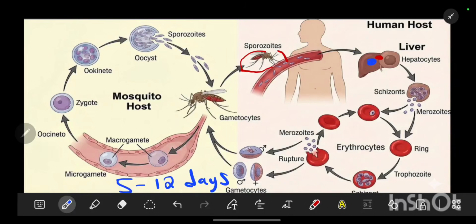So in 5 to 12 days, they begin to grow, divide, and also replicate.